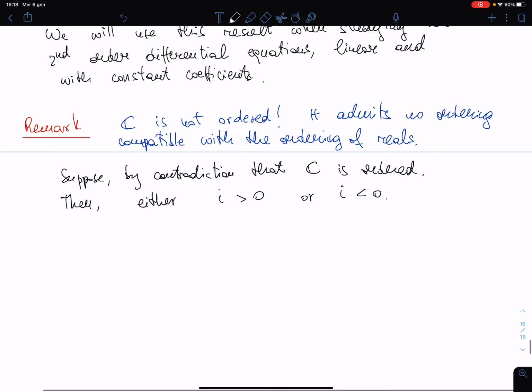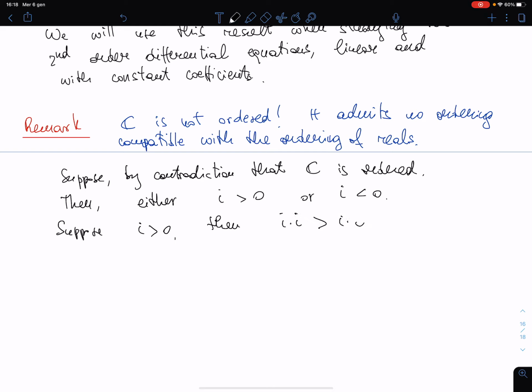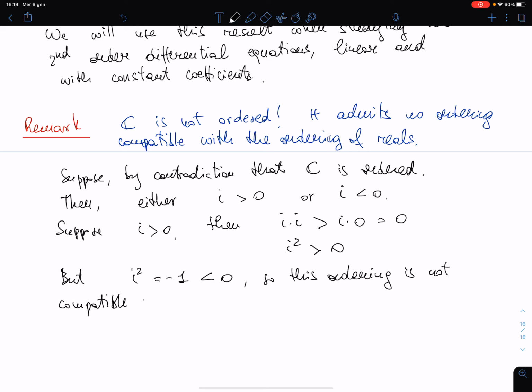So if I is positive, then when multiplied by I, this is conserved. I squared is larger than 0. But I squared is minus 1, which is less than 0. So it is not compatible. So this ordering is not compatible with the ordering of the reals.